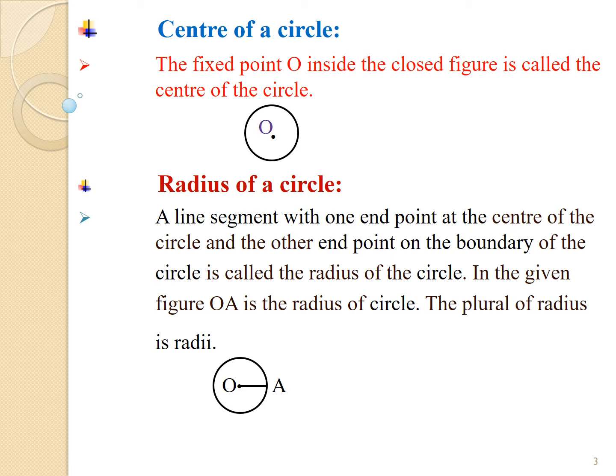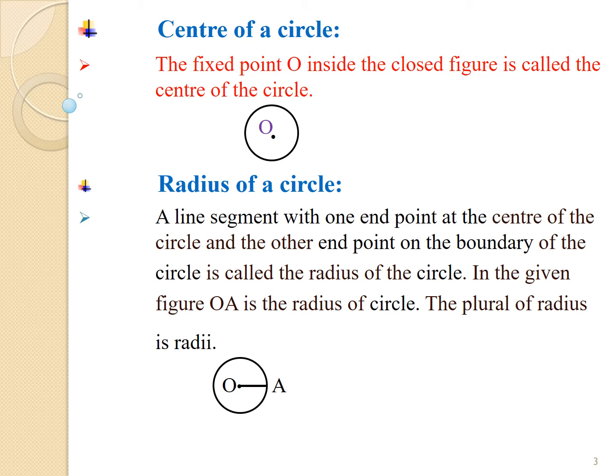Radius of a circle. A line segment with one endpoint at the center of the circle and the other endpoint on the boundary of the circle is called the radius of the circle.